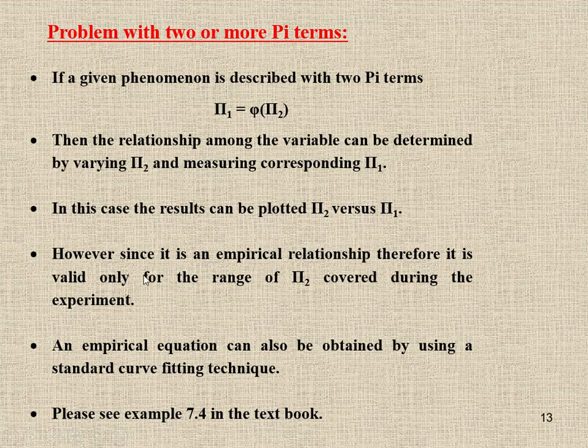However, since it is an empirical relationship, it is valid only for the range of pi 2 covered during the experiment. An empirical equation can also be obtained by using a standard curve fitting technique. When we draw a curve, based on that we can make an empirical relationship between those two dimensionless groups. You can see example number 7.4. See your book, review it a little bit, so you will understand.